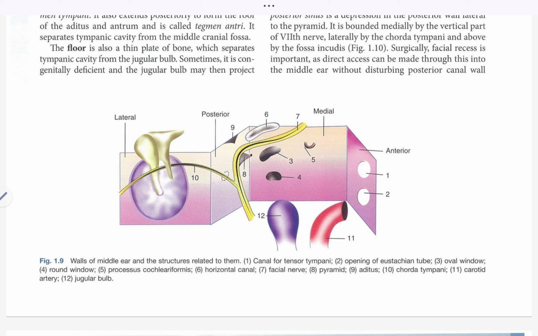Eight is the pyramid. Nine is the aditus. Ten is the chorda tympani. Eleven is the carotid artery. Twelve is the jugular bulb. This is the anterior, this is the medial, this is the posterior, and this is the lateral wall. This is the floor, and this is the roof.